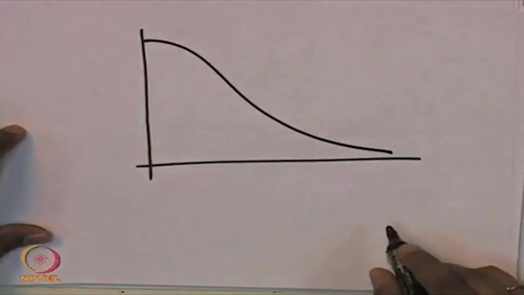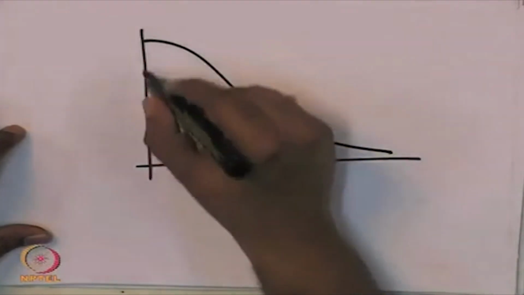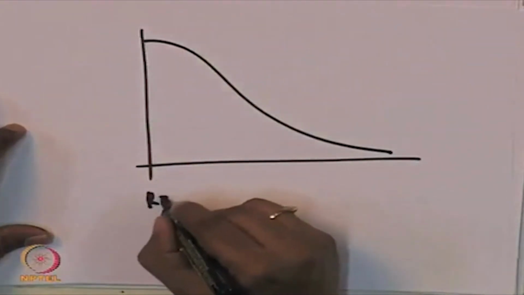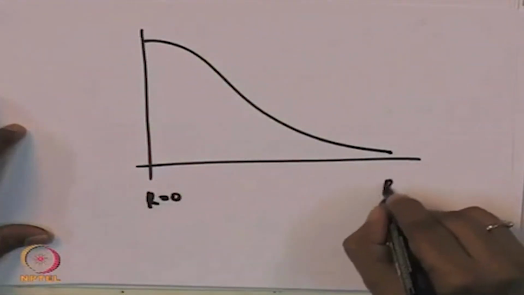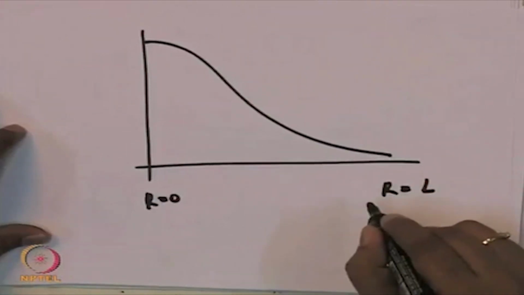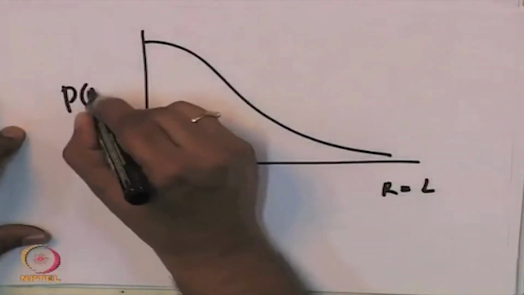It might look something like this, where there can be many of them where the two ends are very close. So, this is r equal to 0 and this is r equal to L, and this is P of r.